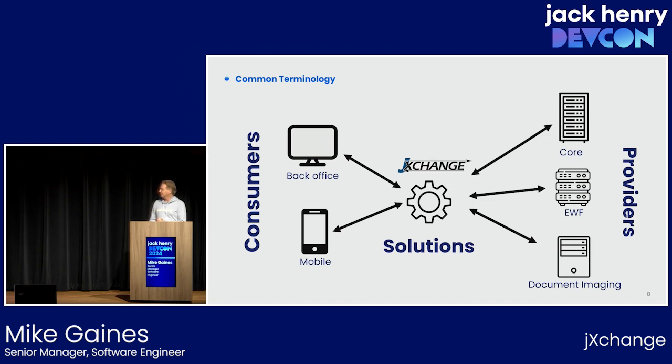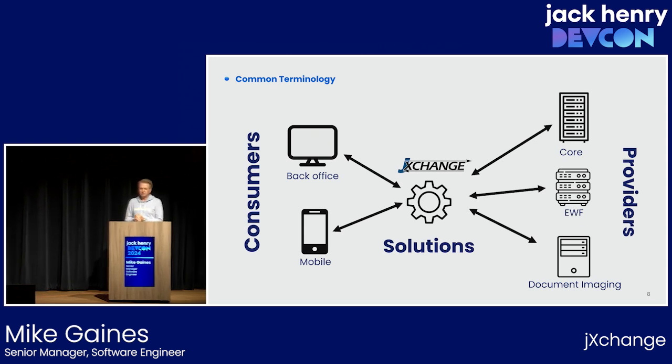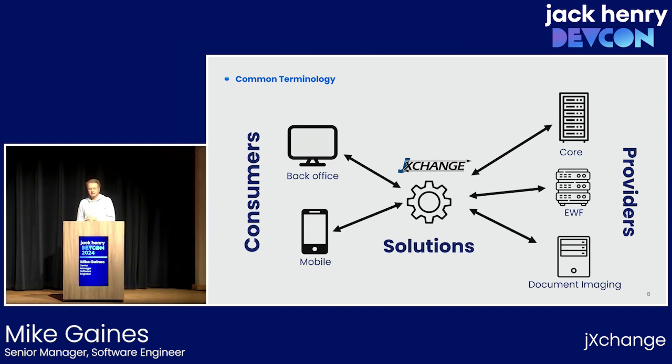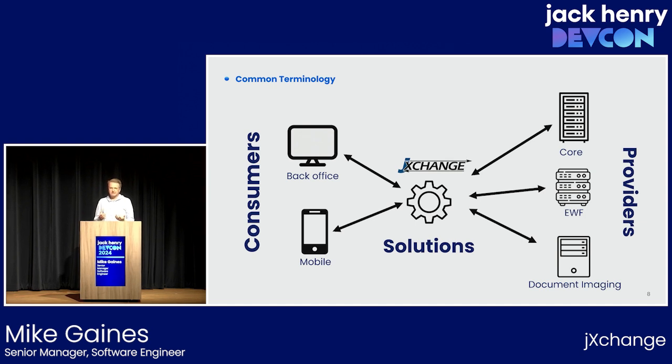I want to talk about a couple of terms that are very common use when we talk about integration, and they're important for you to understand some things I'm going to talk about later in the slideshow, but also as integrators, when you're communicating with Jack Henry or developer relations or support, to understand these terms, because we have dealt with folks and they reverse them or crisscross them.